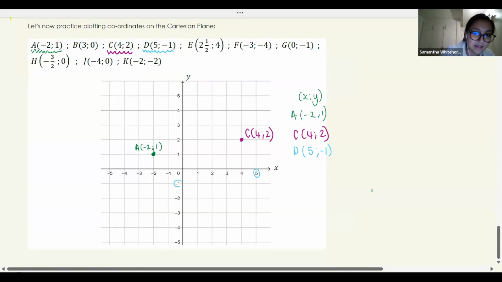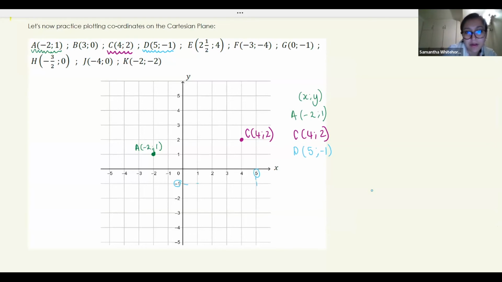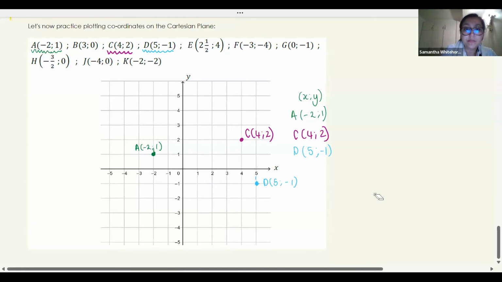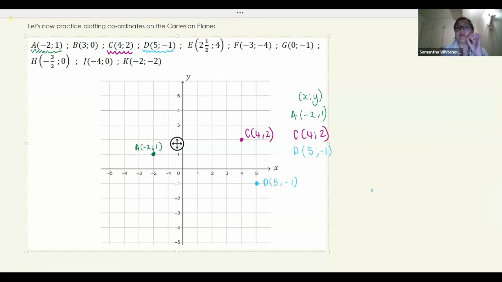Perfect. Excellent. And well done on catching that swap. So guys, exactly. X is 5, Y is negative 1. Where they meet, we are going to plot our point, D, 5, negative 1. In that example, it's very important that we know where X and where Y are. If we don't, then we've got a bit of a problem.